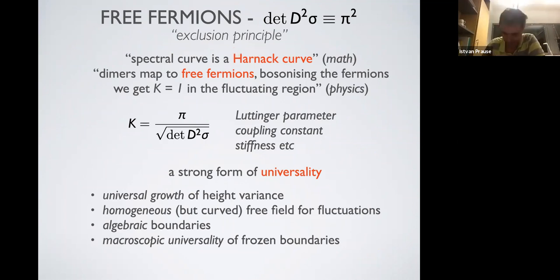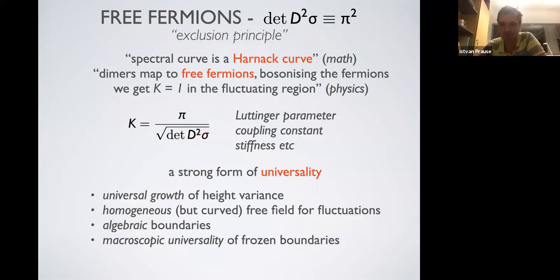Physicists have their own understanding of this, namely, in the physics literature, this appears under different names: the Luttinger parameter, or stiffness constant, which is pi divided by the square root of the Hessian determinant of the surface tension. And so for free fermionic models, this is a constant 1.